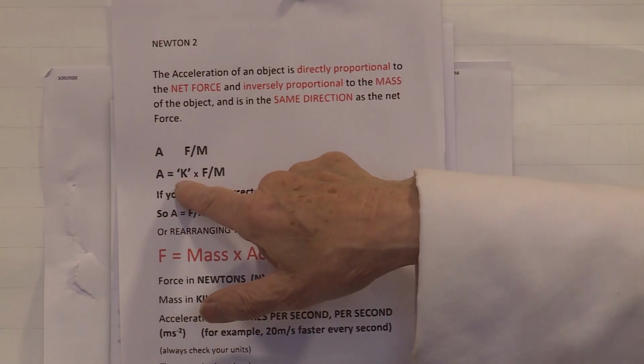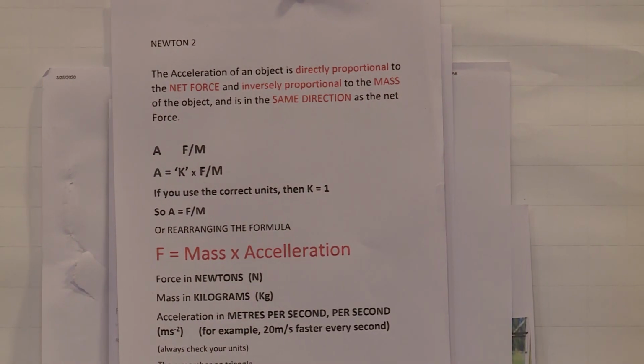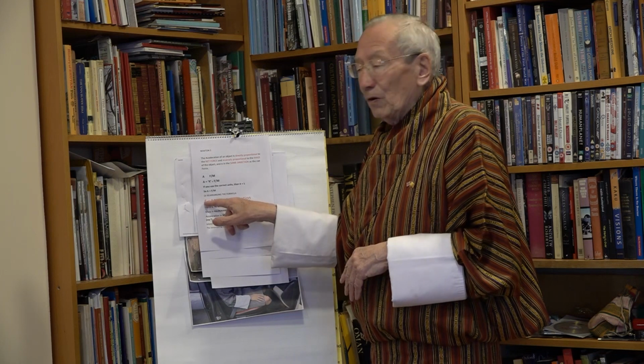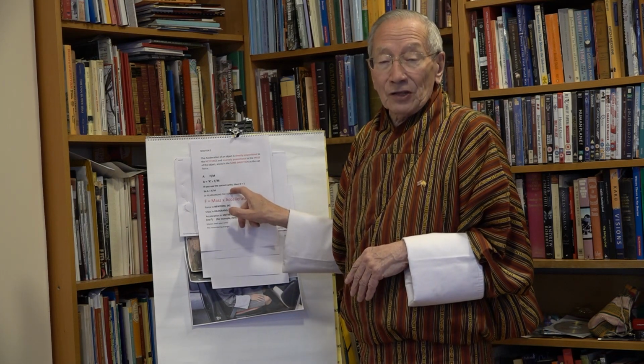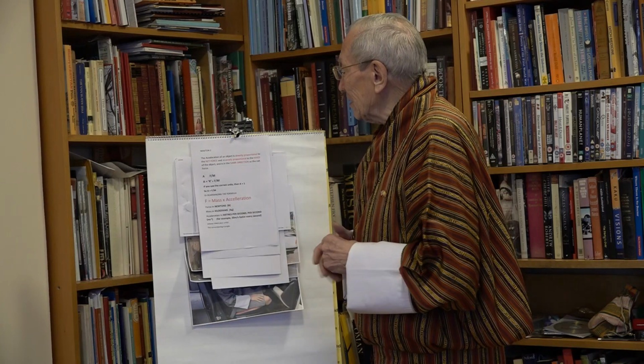So if k equals 1, the acceleration equals the force over the mass. Or, rearranging, force equals mass times acceleration. The standard thing we all know about Newton's second law. Force equals mass times acceleration, but it's important that you get the units right.